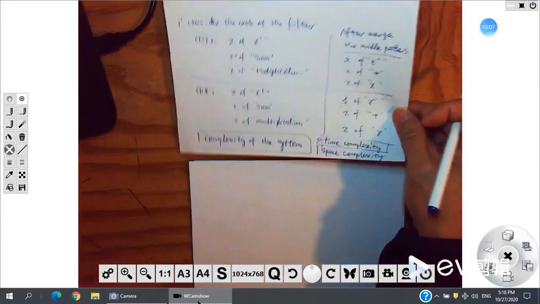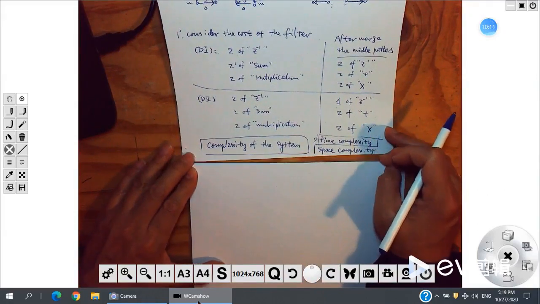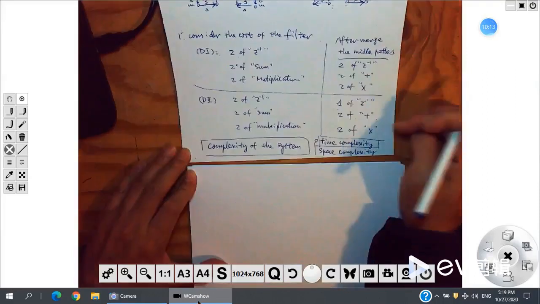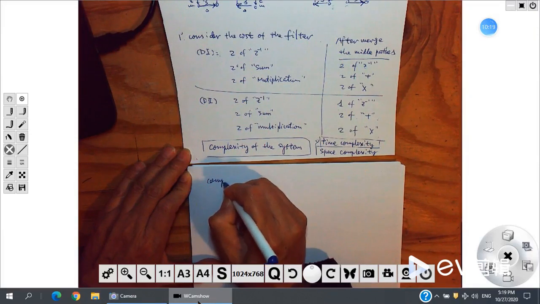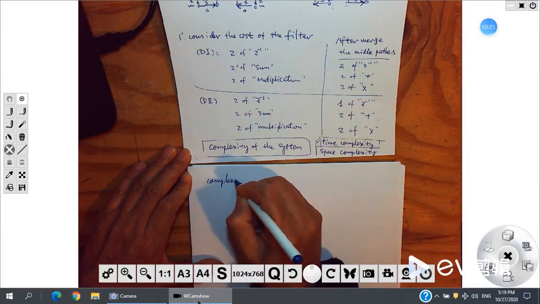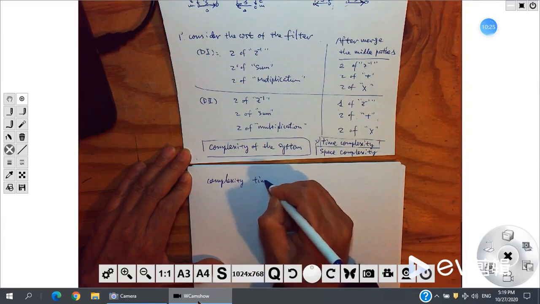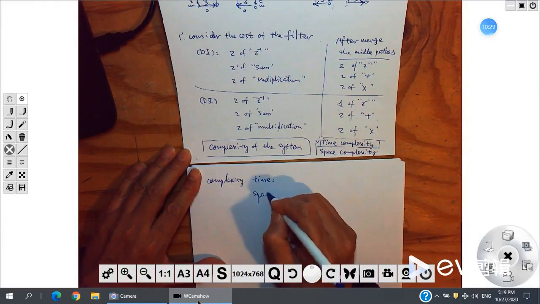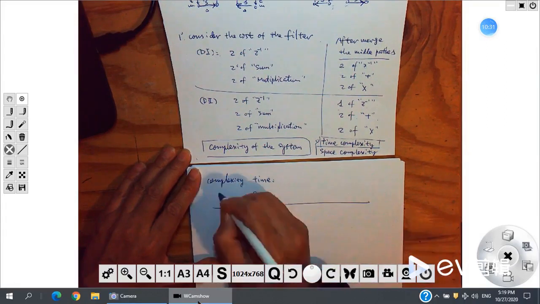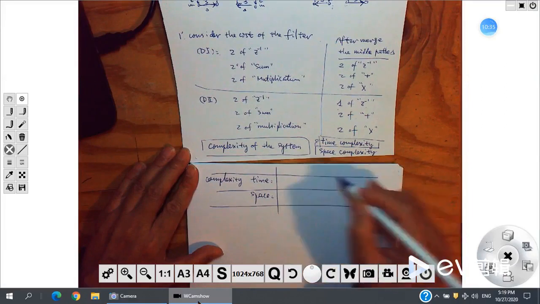Then for here we have delay, we have summation and multiplication. So what will be the cost of these kinds of things? So for the complexity, we have one for time, one for space, right? And we have several operations.